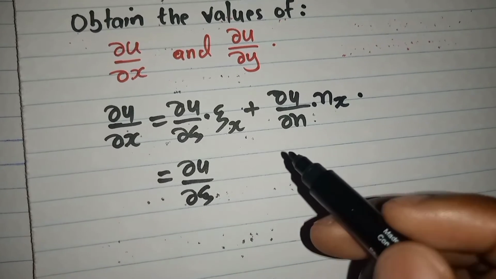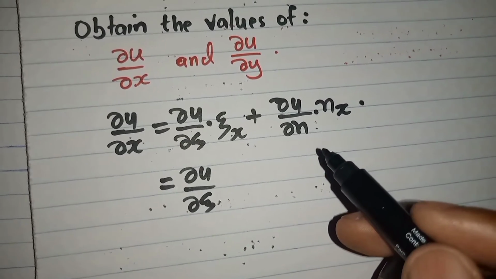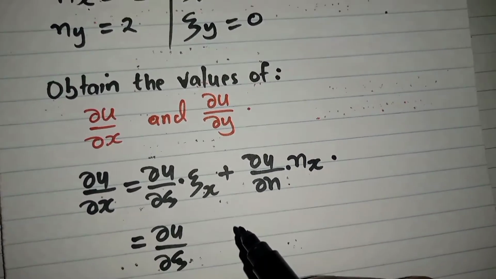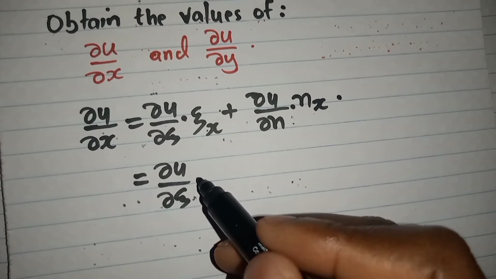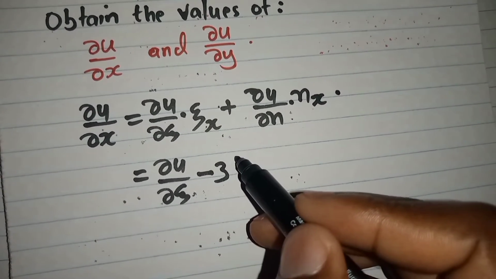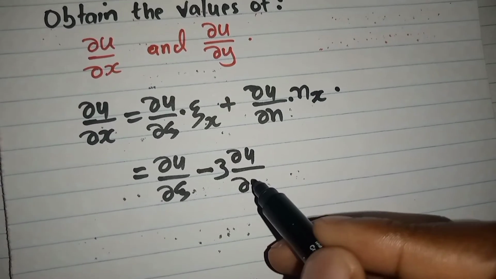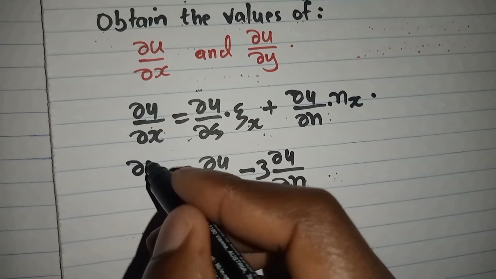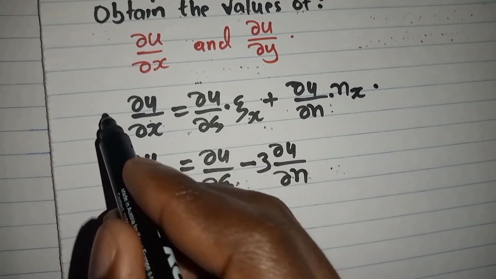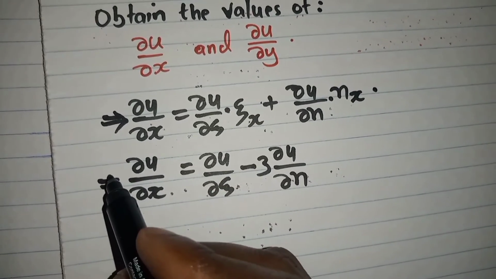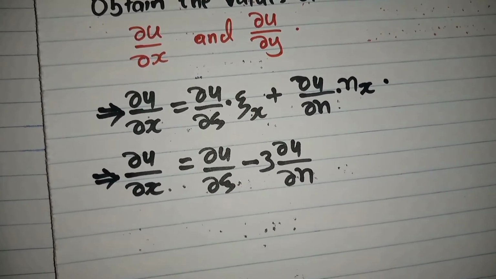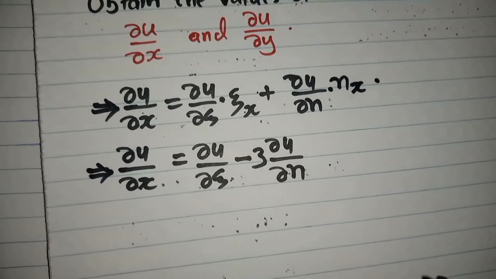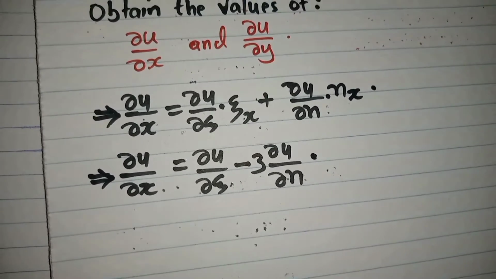The value of nu x is negative 3, which we have already seen, and therefore it will be minus 3 times the partial of u with respect to nu. So that is the value of the partial of u with respect to x in terms of xi and nu, which are our new variables.